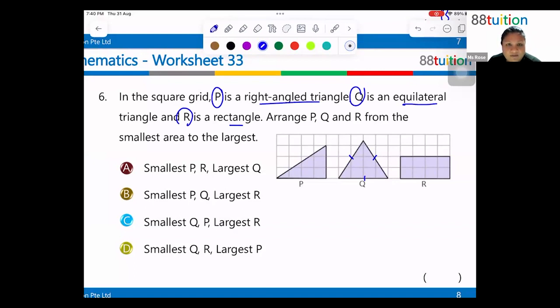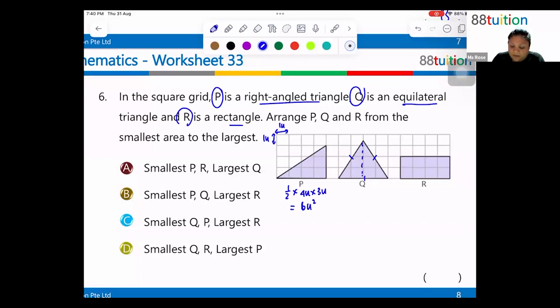We cannot, right? So if I were to make this into 1 unit, for example, the area of P is half times base times height to give me 6 unit square.